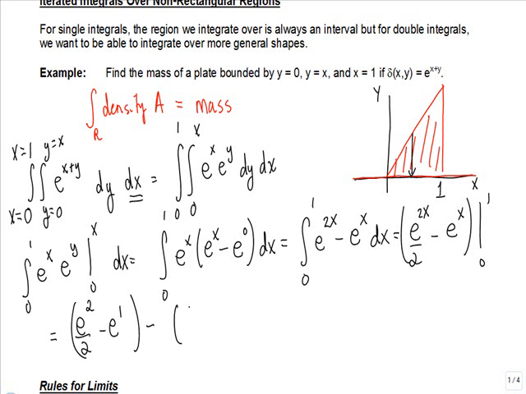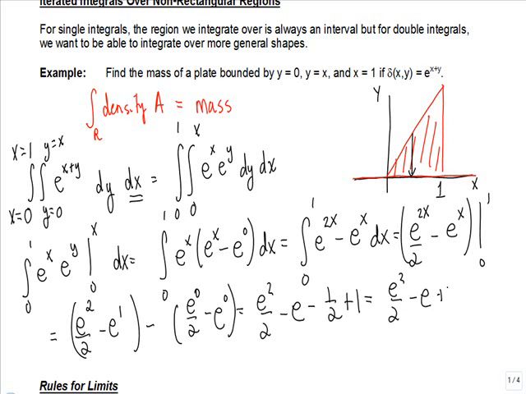Subtract, when I substitute in 0, that's e to the 0 over 2 minus e to the 0. And if I do that math, that's e squared over 2 minus e. And then here I'm going to have minus 1/2 plus 1. Double negative will give me a plus 1. And that's going to end up giving me e squared over 2 minus e plus 1/2.